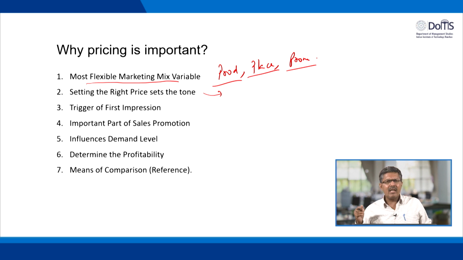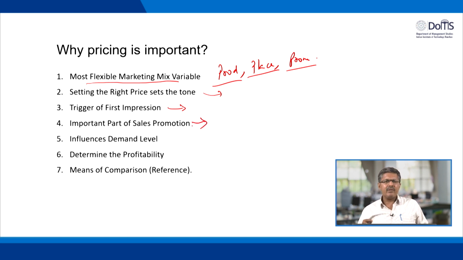That means sales can easily happen if the pricing of the good is made right. It creates the first impression: whether the consumer thinks the company is exploiting us, or giving us a good value product.